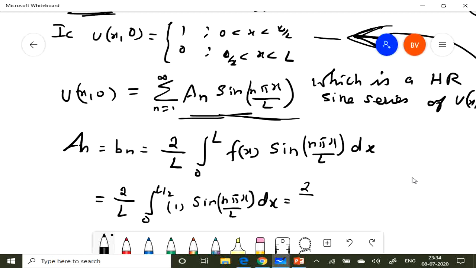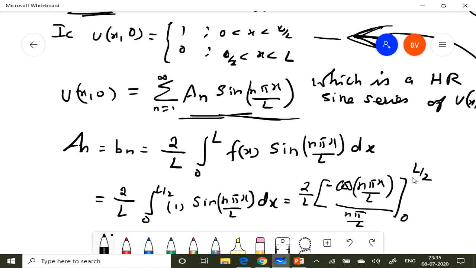So 2 over L is constant. When you integrate sin, it will be minus cosine n pi x over L divided by n pi over L, from 0 to L over 2.